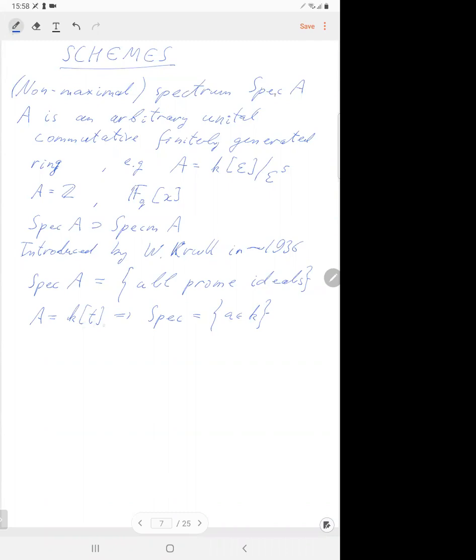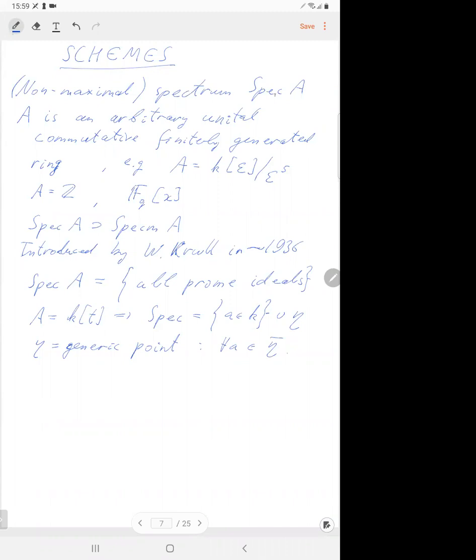Generated by T minus a, and there will be one more point. It's called eta. It is the so-called generic point. Generic in the sense that everything else will lie in its closure. So any a lies in the closure of this point.